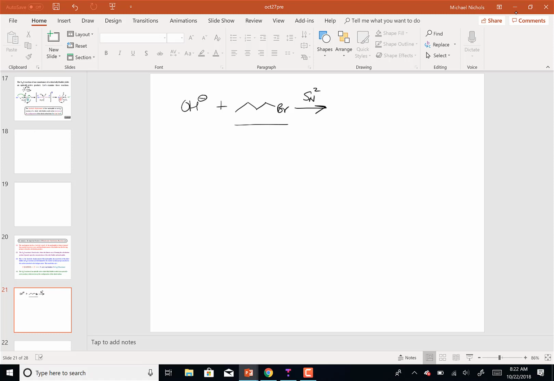So what happens? The OH electrons are donated to this carbon, and at the same time, the carbon-bromine bond breaks. So we have to show those two arrows: the OH minus attacking this CH2 and then the carbon-bromine bond breaking. That's going to put us into a trigonal bipyramidal geometry. The trigonal bipyramidal geometry always looks like this.